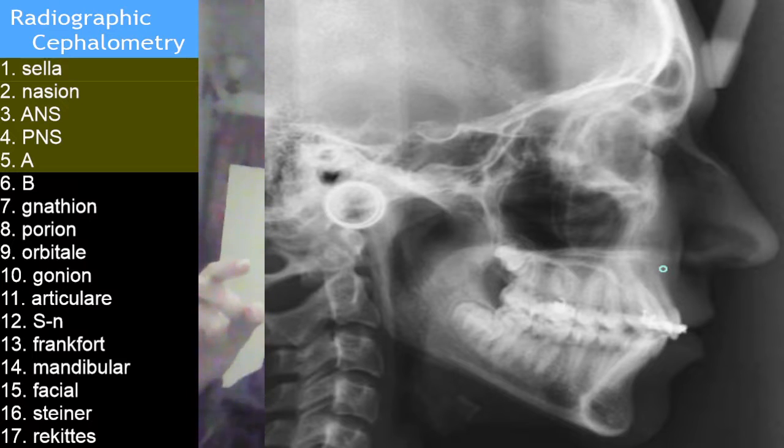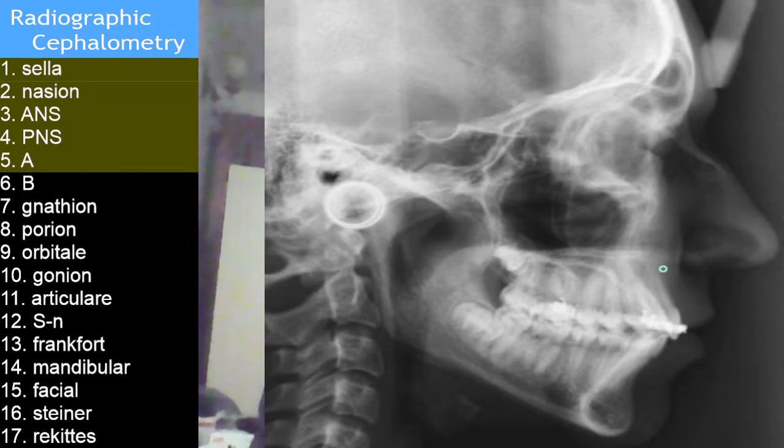Again, it is the deepest midline point of the premaxilla between the anterior nasal spine and the prosthion. This is point A.